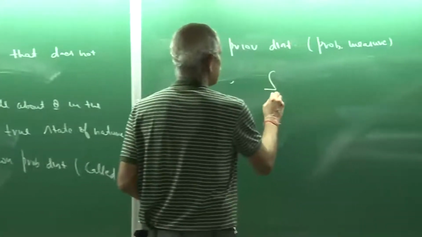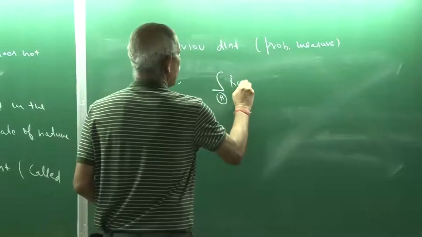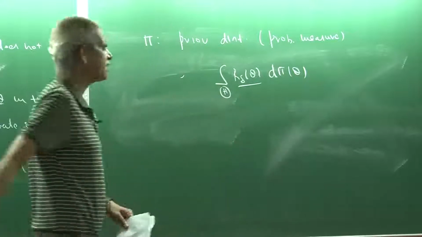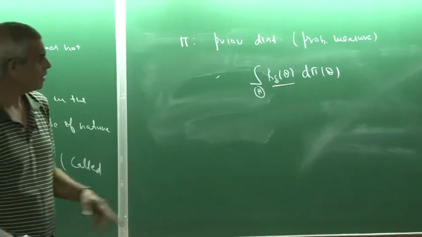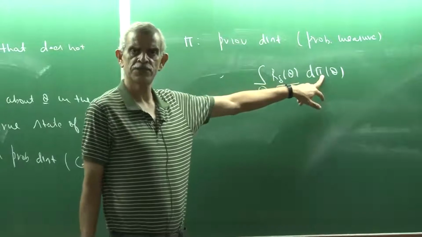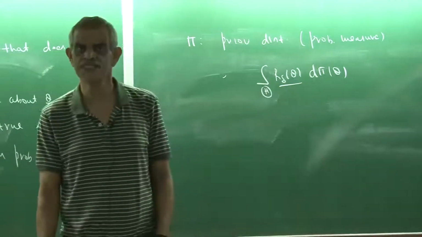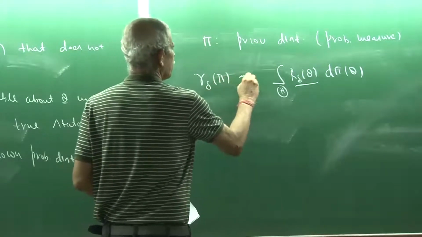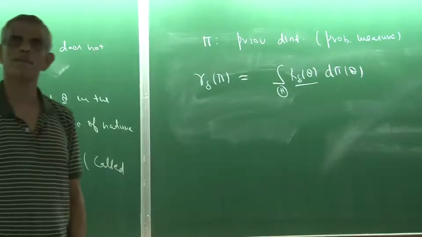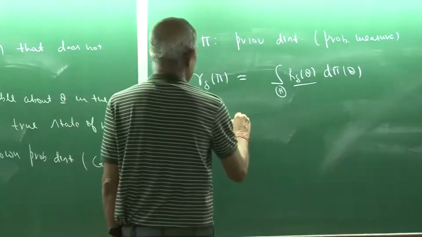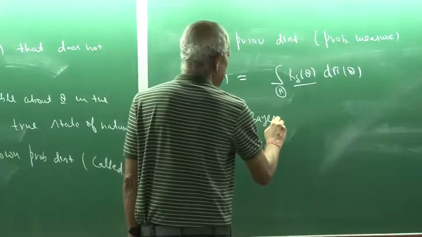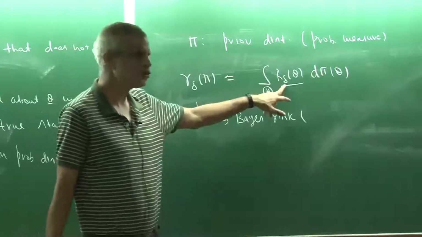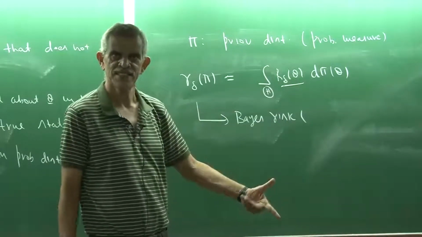So I consider the integral over theta of r delta theta d pi theta. So r delta theta was the risk which depended on theta, but theta has a probability distribution pi theta, so I consider the average risk, and I denote this by R delta with respect to prior distribution pi, which we call the Bayes risk. This one is called the usual risk or frequentist risk, R delta theta.